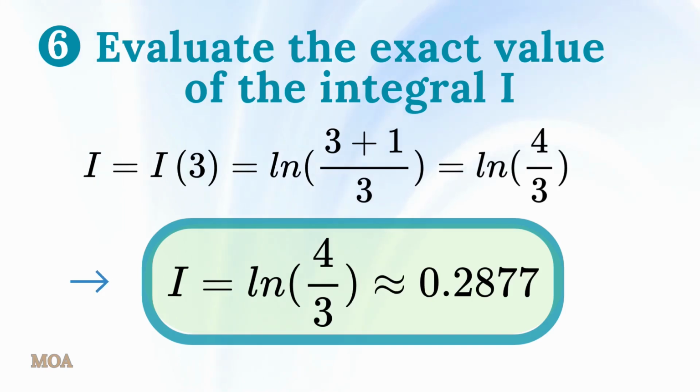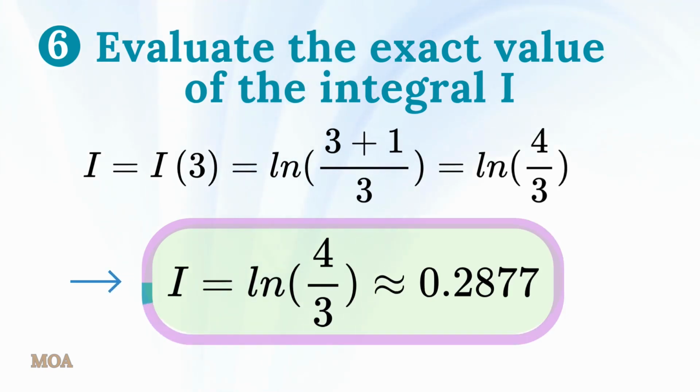Now, recall our original objective, to evaluate the exact value of the integral I. This corresponds precisely to I of 3. All that remains is to substitute t equals 3 into our simplified expression. I equals I of 3, which equals the natural logarithm of 3 plus 1 divided by 3.